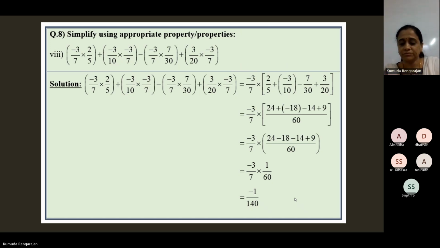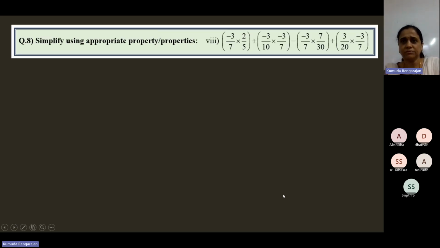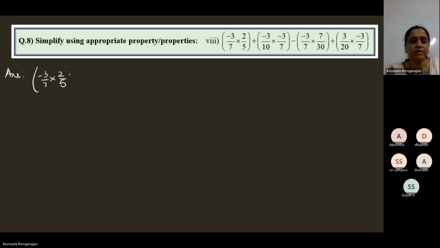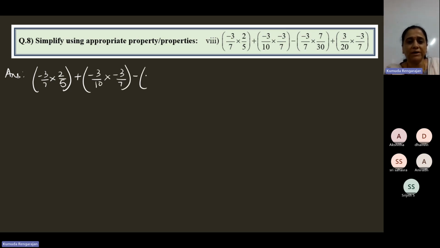He'll wait? Okay. So in the question, we can see the brackets are already there, right? Minus 3 by 7 into 2 by 5 plus minus 3 by 10 into minus 3 by 7 minus minus 3 by 7 into 7 by 30 plus 3 by 20 into minus 3 by 7.